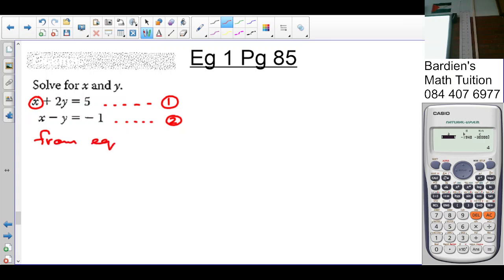From equation 1, x is equal to minus 2y plus 5. If this is equation 1 and that is equation 2, what will this now become? Equation 3. So what do we do now? We're going to substitute.